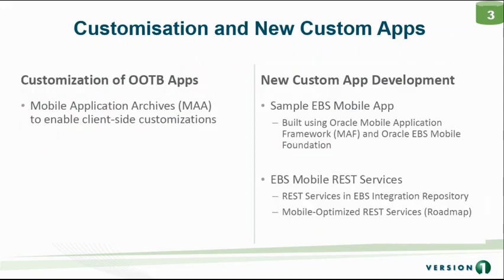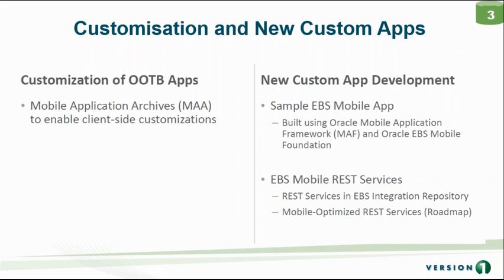It's also possible to customize existing mobile apps or develop your own from the ground up. Mobile Application Archives is a way of enabling client-side customizations by allowing an organization to copy an existing out-of-the-box mobile app, tweak it using the Mobile Application Framework tool, and then distribute it as their own custom app.